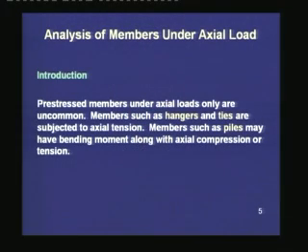Prestressed concrete members under axial loads only are uncommon. Members such as hangers and ties are subjected to axial tension. Members such as piles may have bending moment along with axial compression or tension.